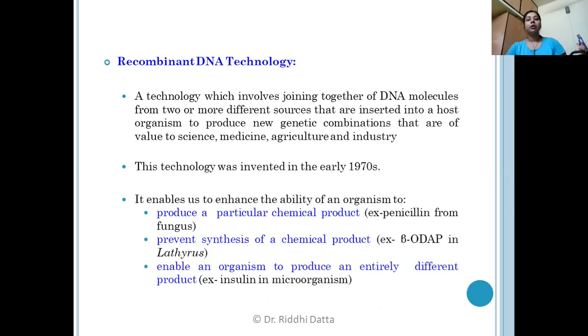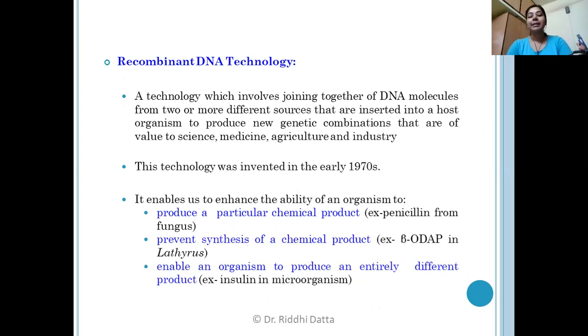So the next terminology that comes here is recombinant DNA technology. So what is recombinant DNA technology? In a very simple way, this is a technology that helps us to synthesize recombinant DNA molecules.